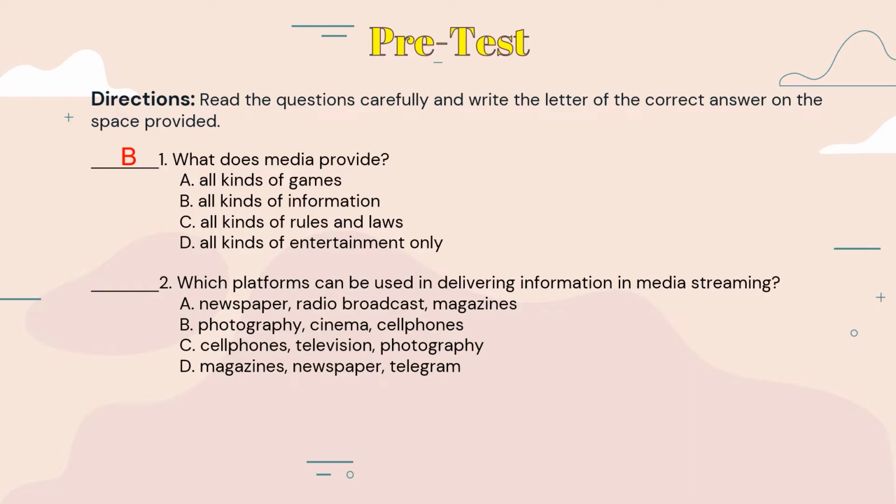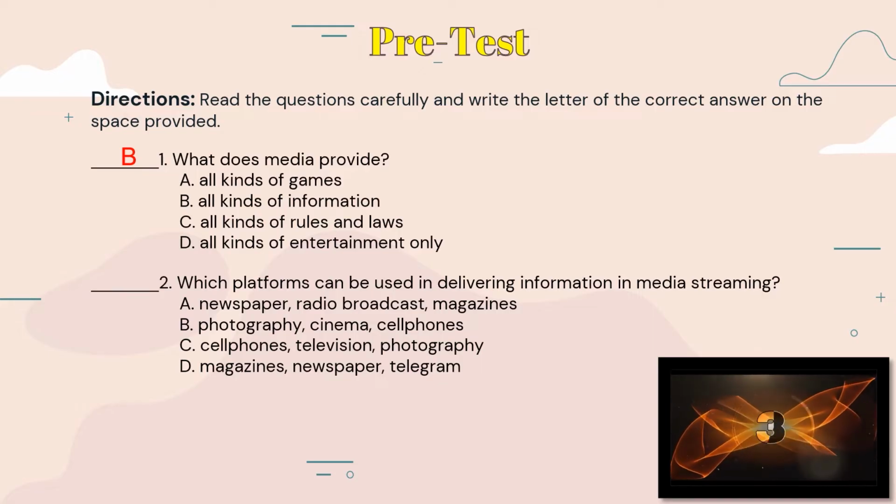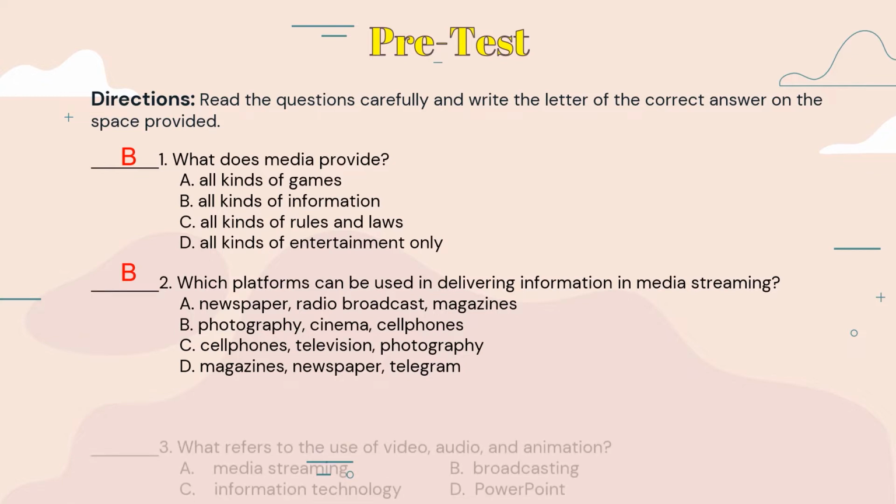Or D, magazines, newspaper, and telegram. Alright, for question number 2, the answer is letter B. Platforms that can be used in delivering information in media streaming are photography, cinema, and cell phones.